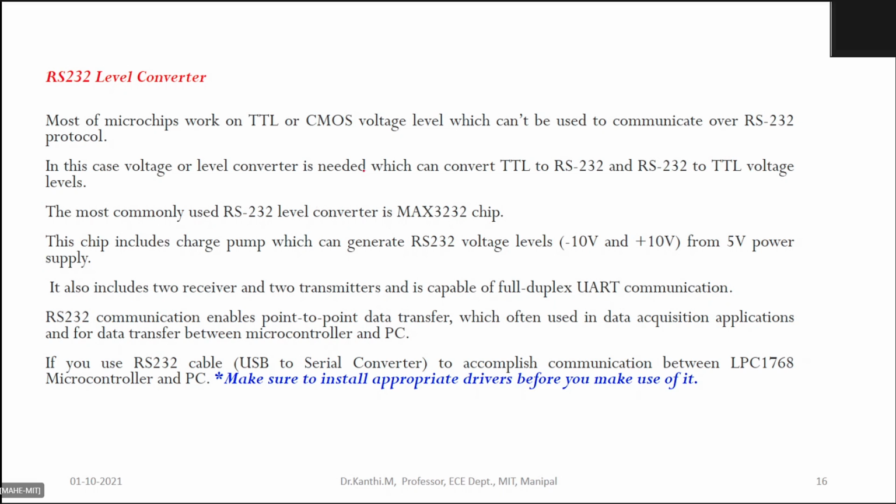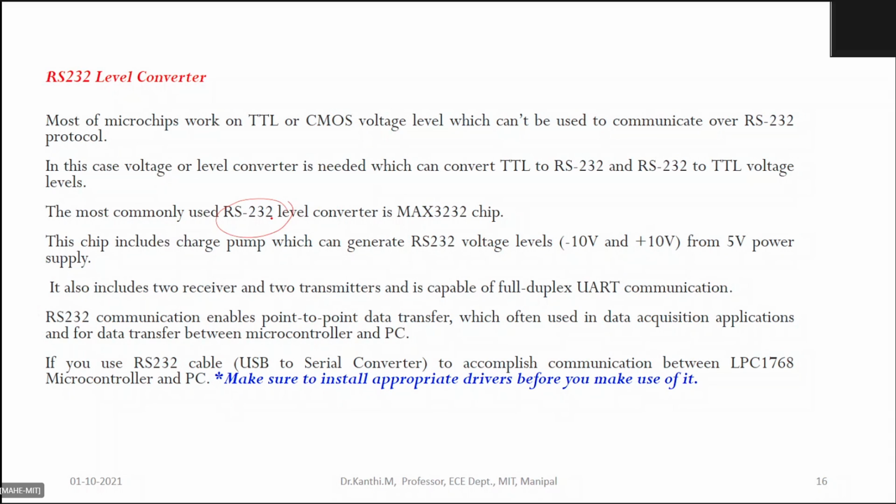Again, this is about the RS-232, which you know very well. The microchips, the microcontrollers work on TTL logic, and when you communicate serially through DB9 connectors especially, it has the RS-232 logic.